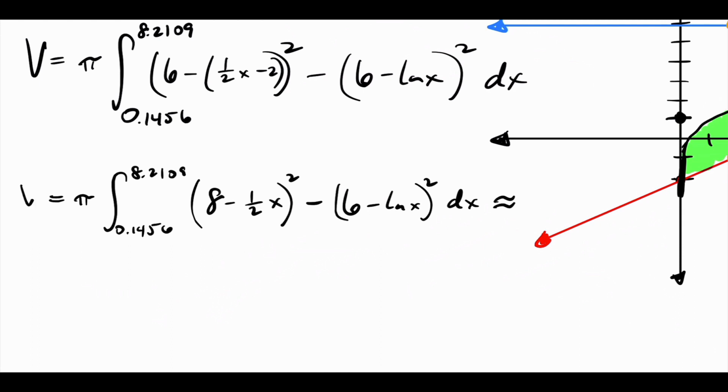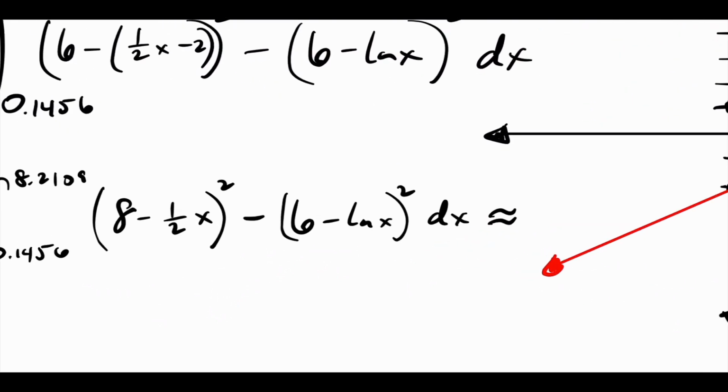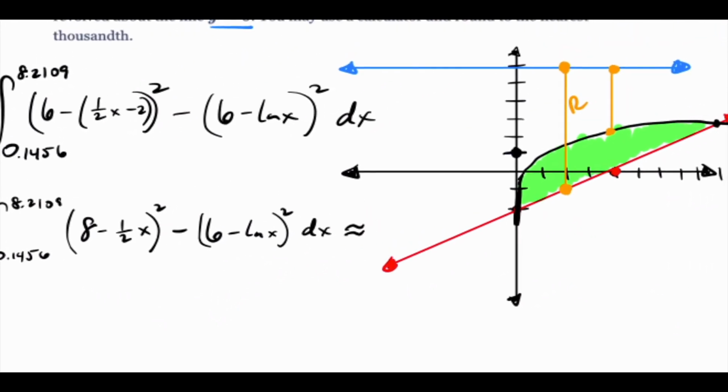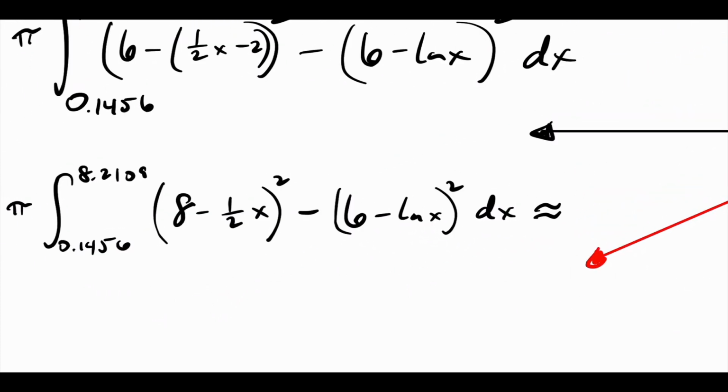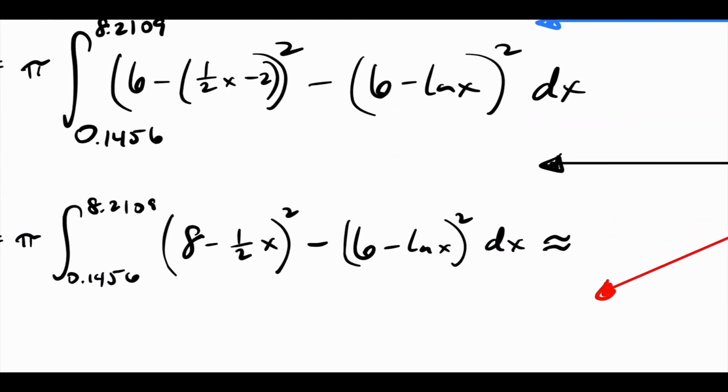Okay. Put that in your calculator. Shouldn't it be 6 instead of 8? Which one's 6? You're talking about this guy right here? Yeah. So what I did was I distributed the negative, and that made it positive 2.